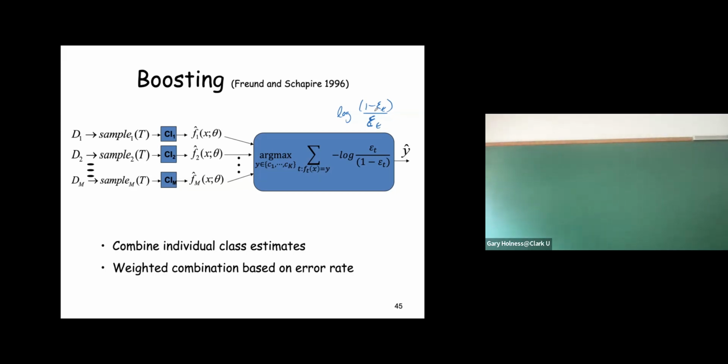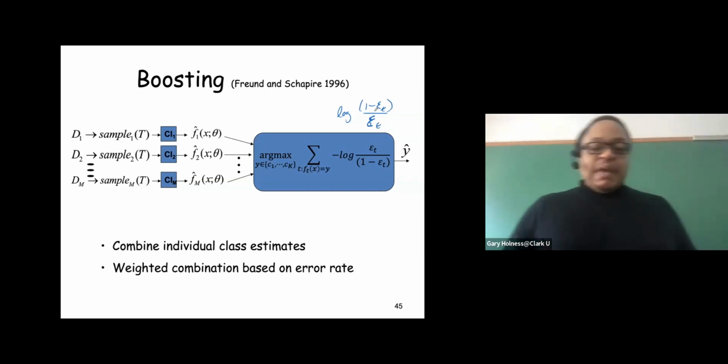Your correctness rate over your error rate. And whatever that proportion is, that's the weight for your vote that you get. So those classifiers that are more correct are the ones that get a bigger say in what that label should be. Does that make sense? Any questions? So it's non-fair voting in boosting, but it's fair voting in bagging.